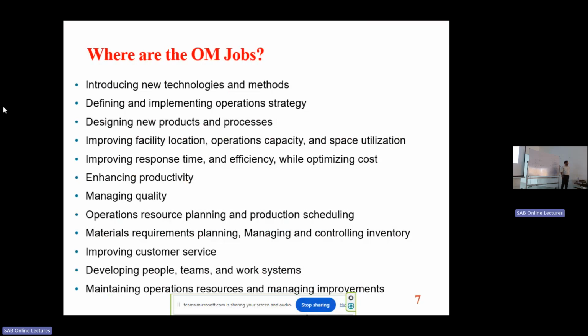Can you understand? There are many responsibilities assigned to operations managers.